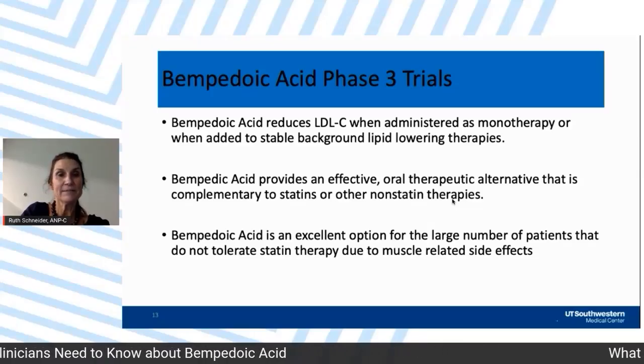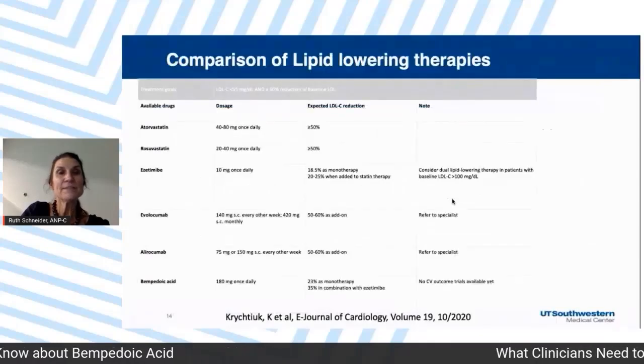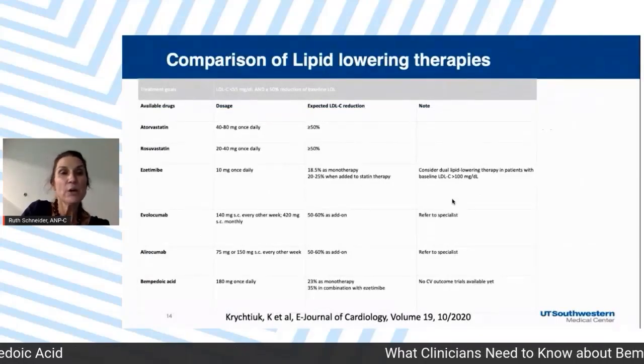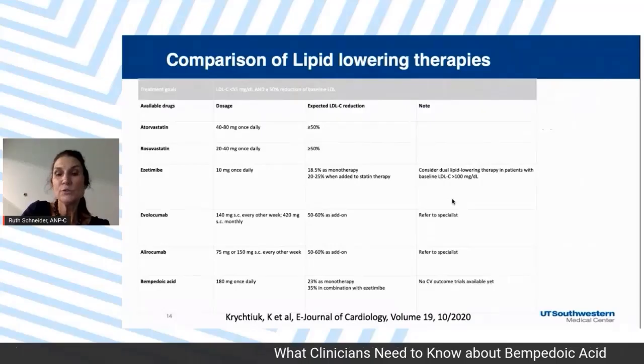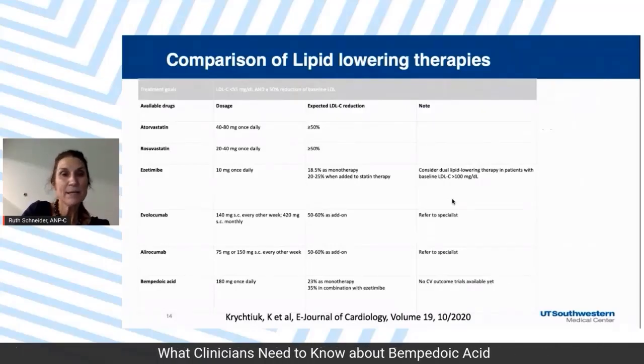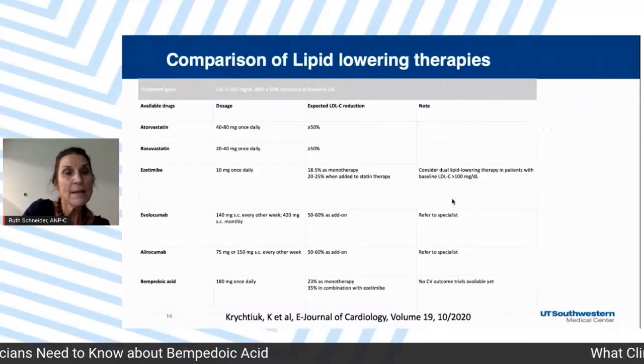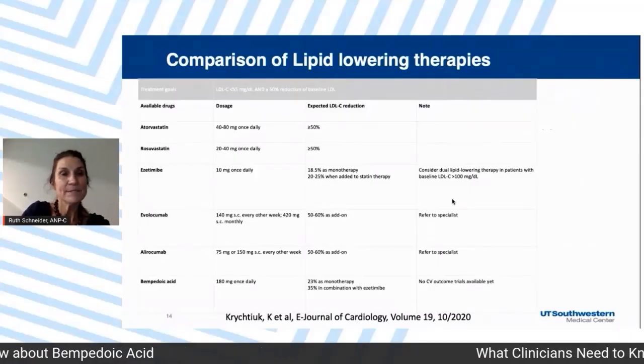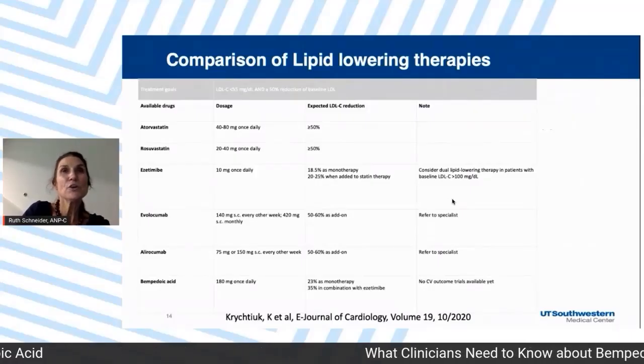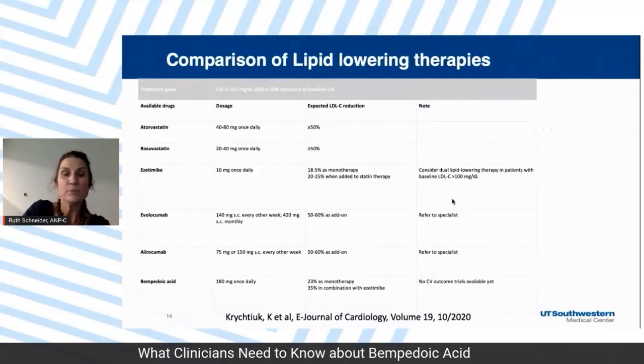All right, so this slide, I just wanted to compare what we currently use for basically our high-risk patients. I took this from the European Journal of Cardiology, but we use these same drugs. And essentially, if you start with statins, which is always our number 1 choice.